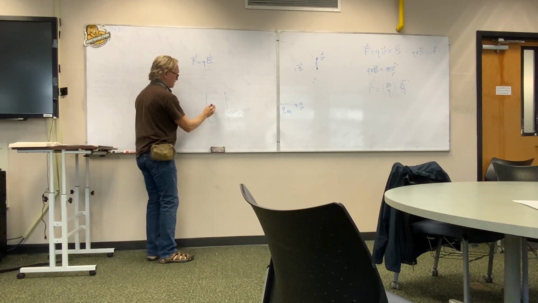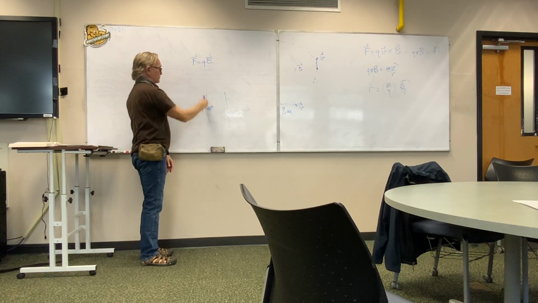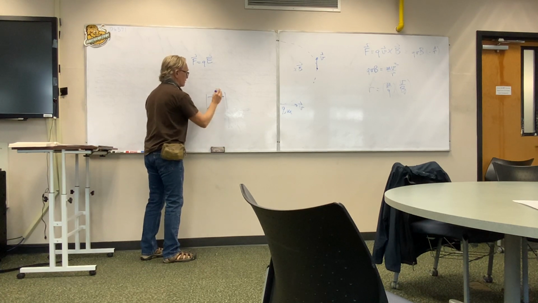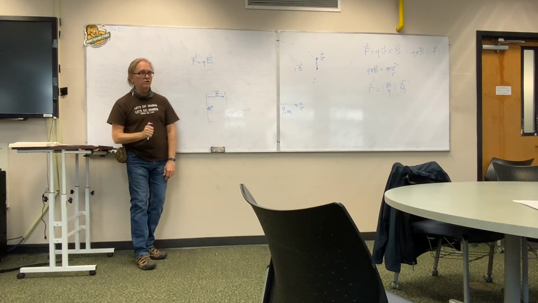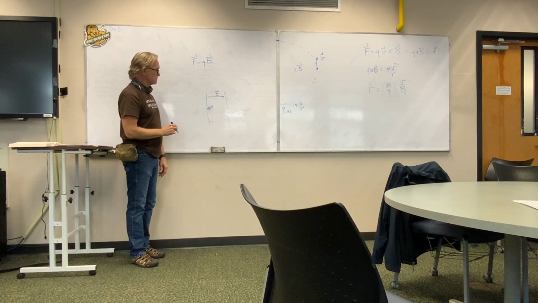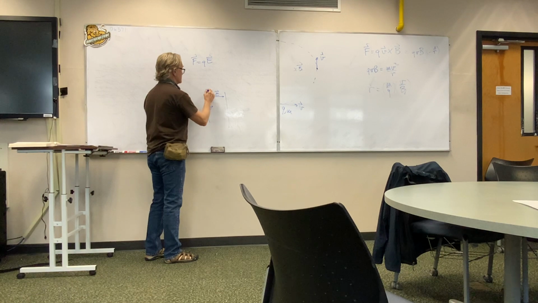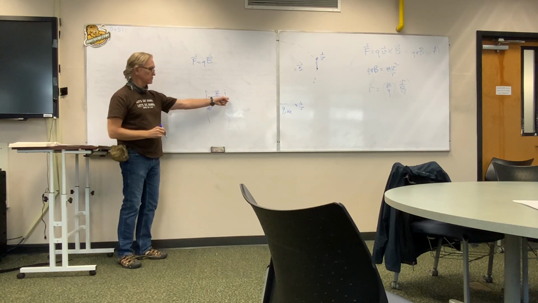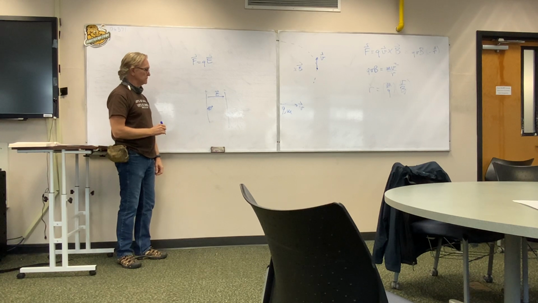So I create an electric field between these. Now, to get an electric field that points that way, where's my positive and where's my negative charge going to be? Positive is on the left, negative is on the right. It starts on positive charge, ends on negative charges, so good.